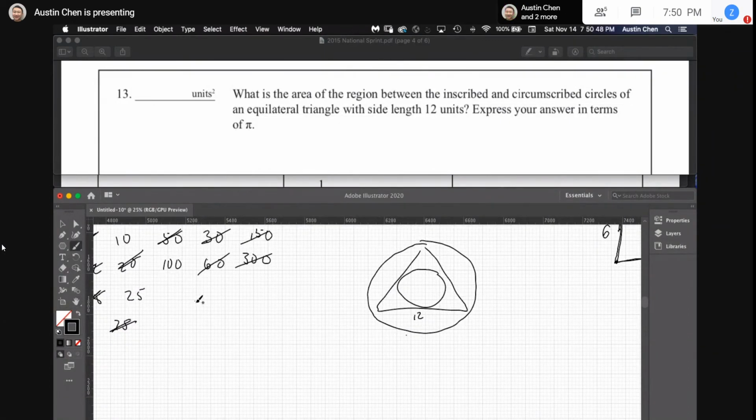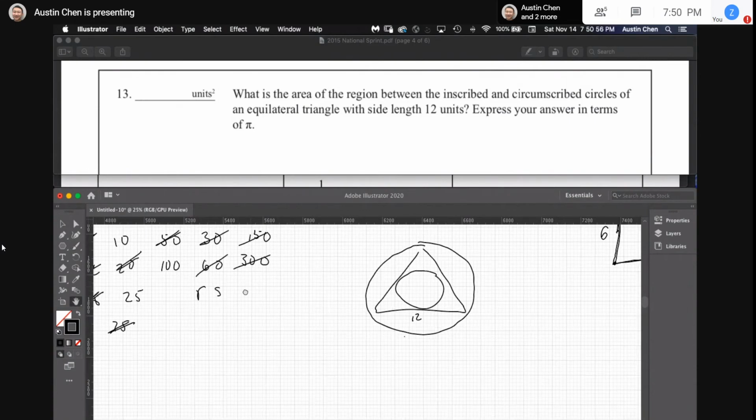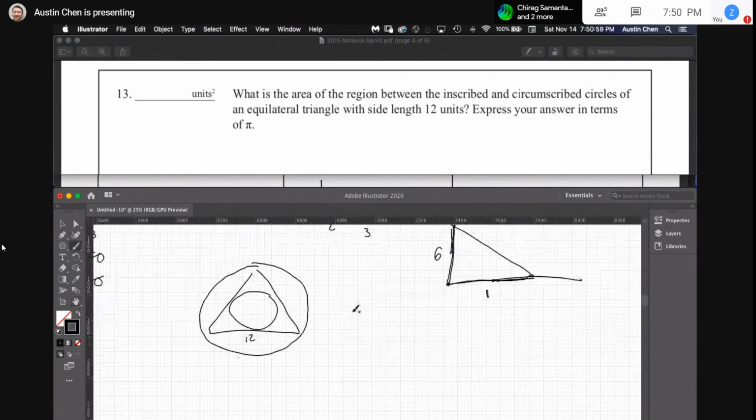One property of the inradius, I'll call it small r, is that it times the semiperimeter, I'll label it S, so the semiperimeter is just half of the perimeter.